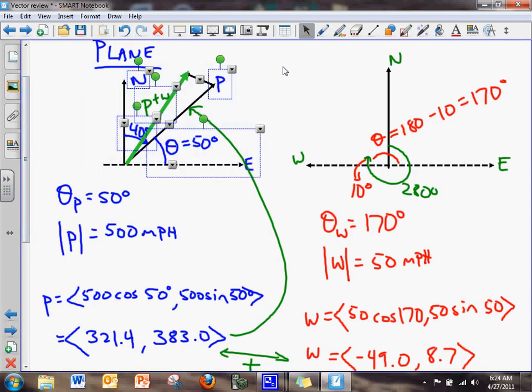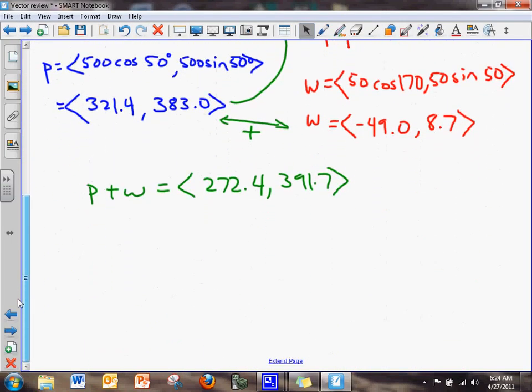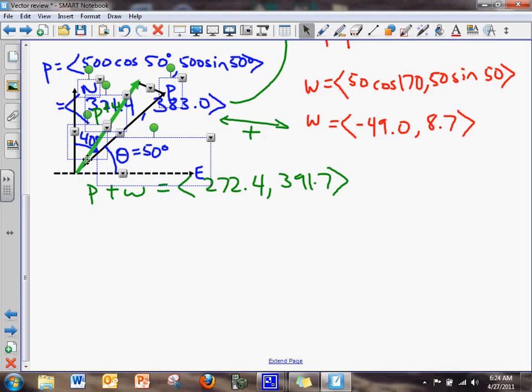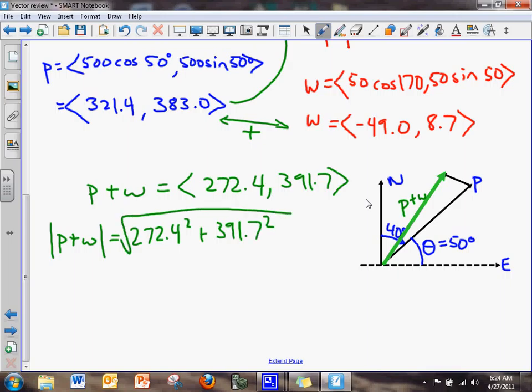Let's copy and paste that picture to help us out. The magnitude is going to be the speed of the plane. This is the Pythagorean theorem: the square root of 272.4 squared plus 391.7 squared.